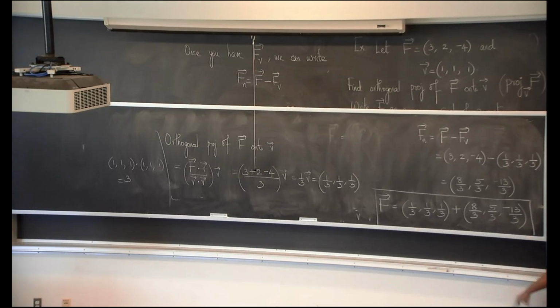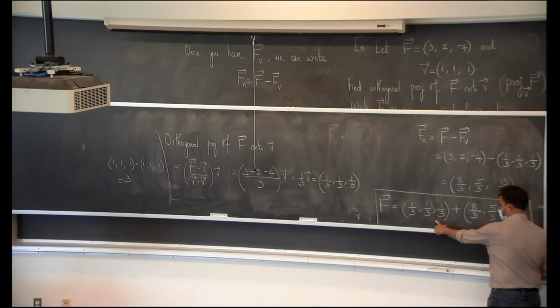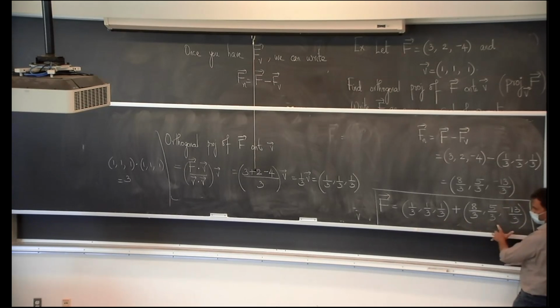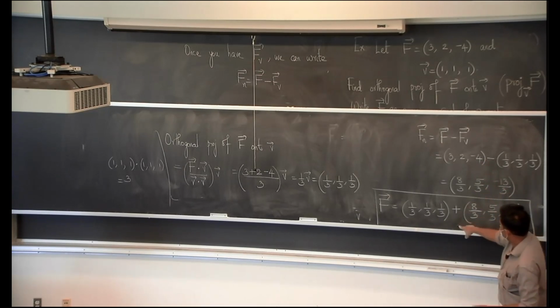You might think, what is so special about this? This is the only way where one of them is parallel to V and the other one is perpendicular to V. If you write any other way of splitting F into two parts, that is not going to have that special property. That is the unique thing about this particular pair of vectors.